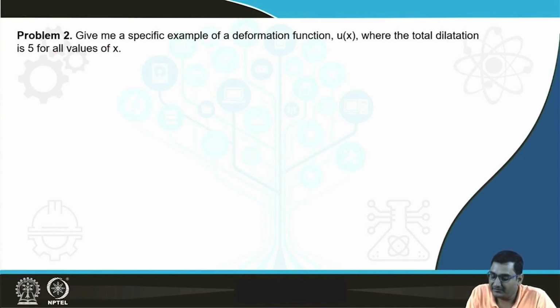It says: give me a specific example of a deformation function ux where the total dilatation is 5 for all values of x.